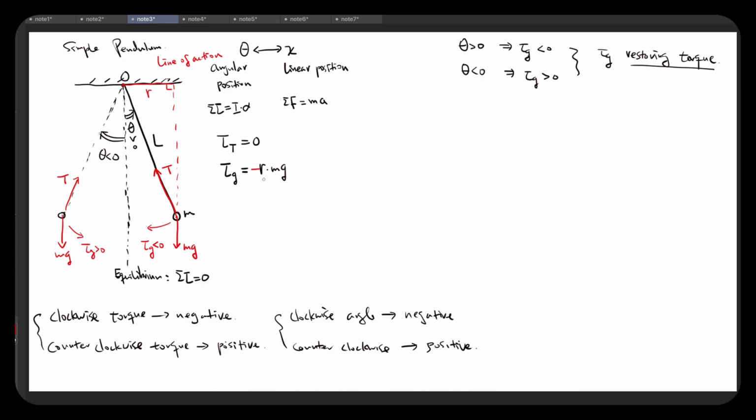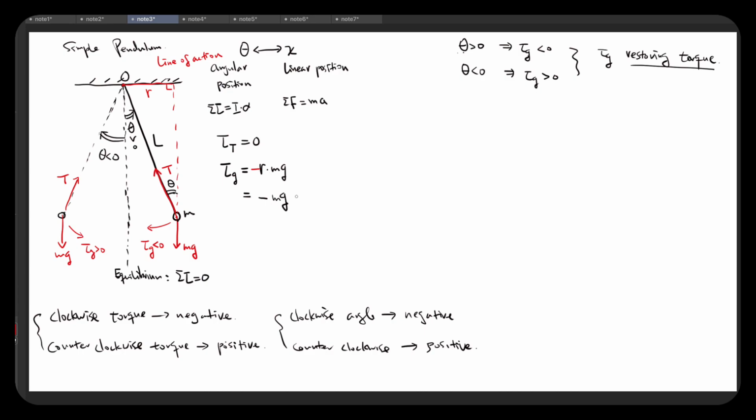Okay, so let's rewrite this R here so that we can see the relation between torque tau G and theta. R is given by the length L times sine theta. So let's write this down. So mg, let's copy that.